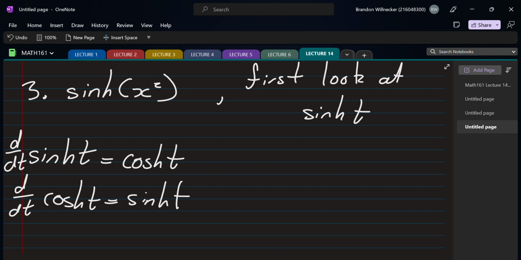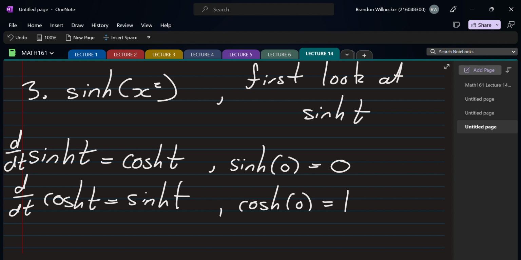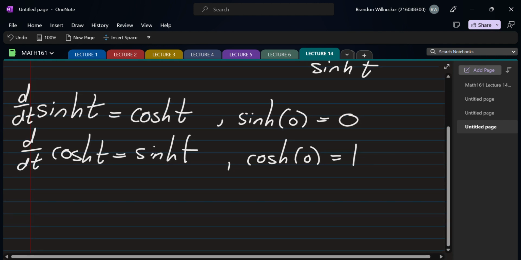They just turn into each other when you do those derivatives. So what happens when we substitute 0? Sine hyperbolic at 0 is 0, and cos hyperbolic at 0 is 1. Let's look at a few of the derivatives as we go through and see what happens.